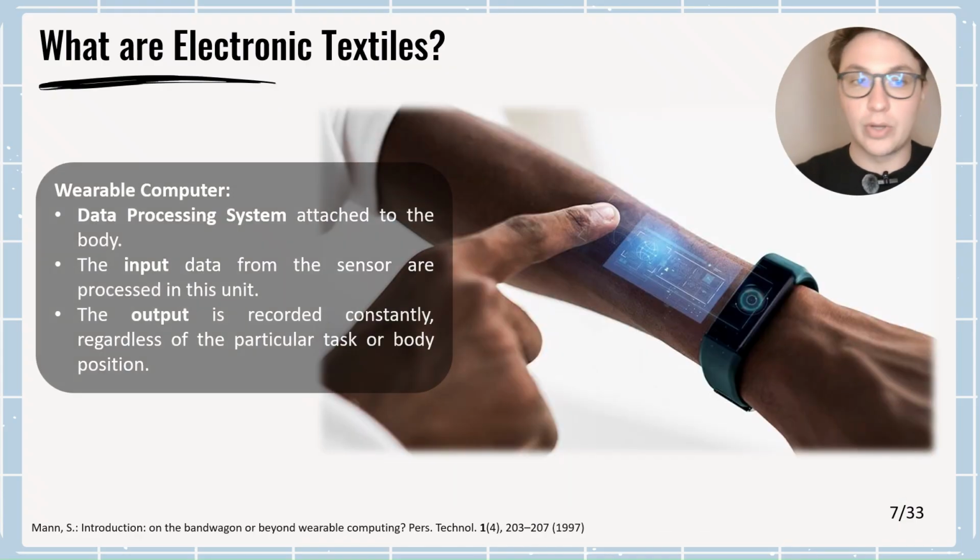On the other hand, we have the wearable computer, which is an embedded data processing system in the very textiles we fabricated. The input data is basically the output of the sensor, and is processed in this very unit. The output is recorded constantly, no matter the particular task or the body position.